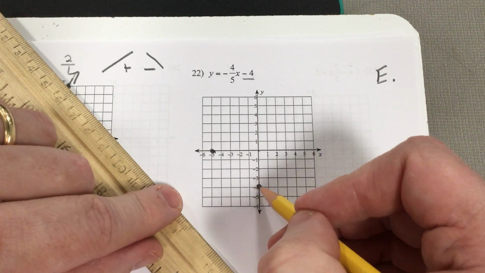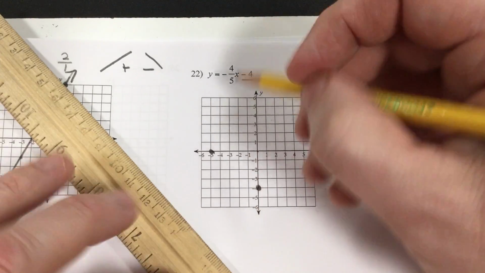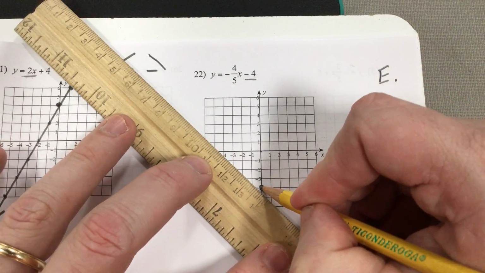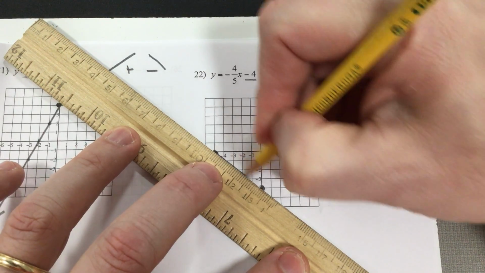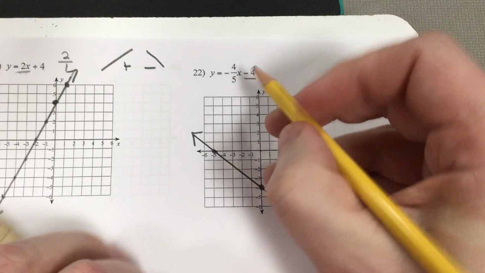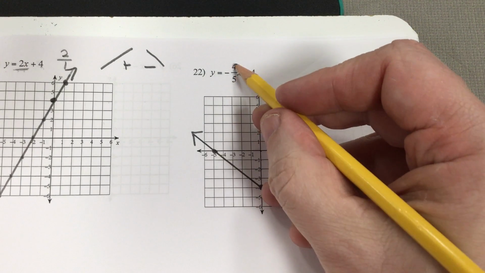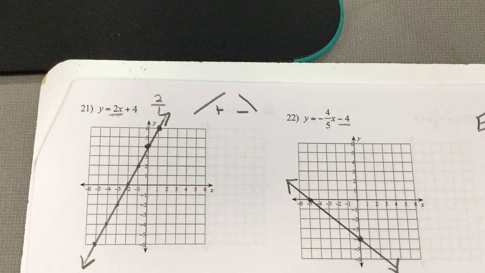A common mistake people make is they'll go over here, but then it's got a positive slope, and we know it's negative. I always thought it was easier to graph fractions because I know it's going up 4 over 5, up 4 over 5, versus whole numbers, because it's 2 over 1.